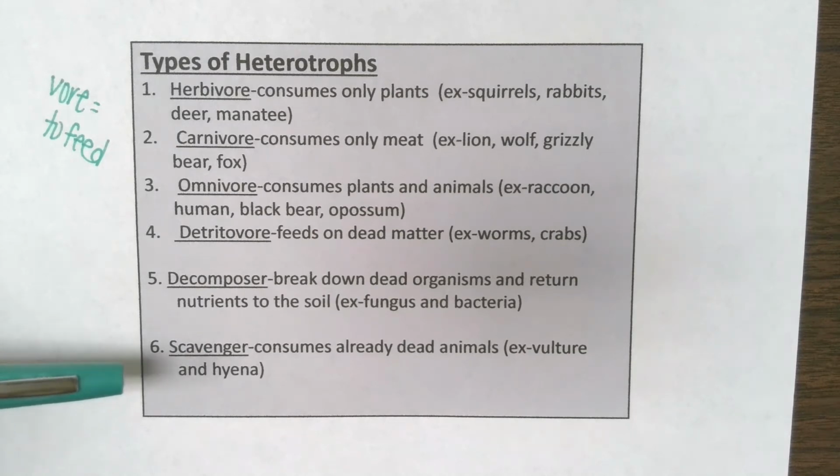And then hyenas, like the mean dogs in the Lion King, are scavengers, and they feed a little bit differently. They're not necessarily always strict scavengers, but these are specifically consumers that consume already dead animals. They aren't going to hunt for food typically when they're defined as being a scavenger. So around here our only example is a vulture.